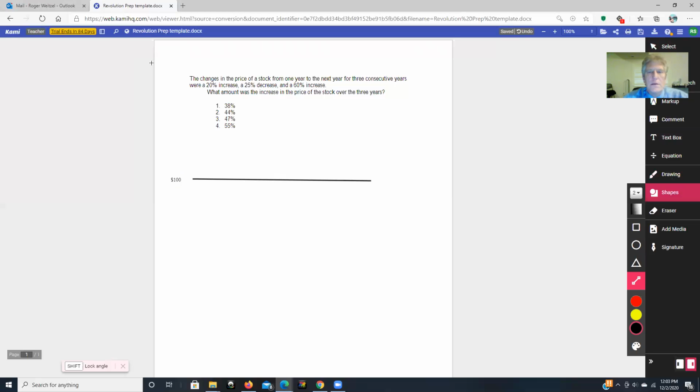All right, what we're going to represent now is the stock is going to go up by 20% the first year, and then it's going to come down by 25% the next year, and then the third year we're going to have a big year, it's going to go up by 60%. So we had an up year, a down year, an up year. So what we want to figure out is how much was this total gain over the 3 years.